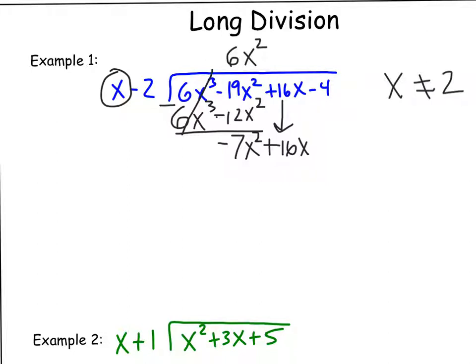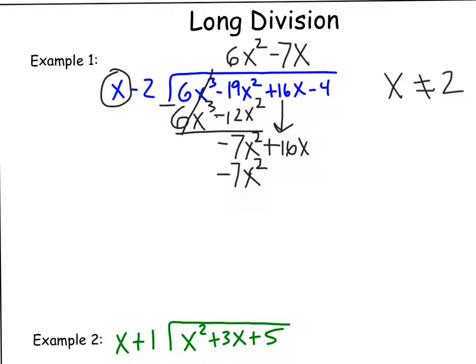But the reason we say that's a round of division is we now go back and basically start it over. I need to go back up to the top and pick a term, except now what I need to get down here is -7x squared. Well, the term I need up here is -7x.